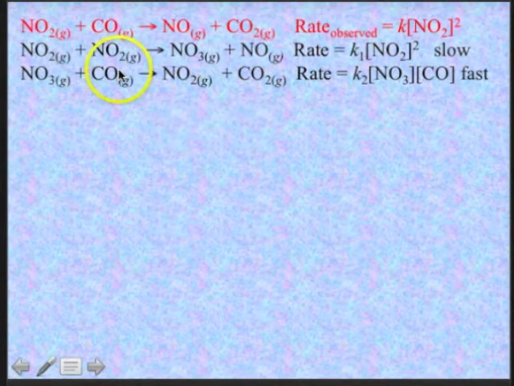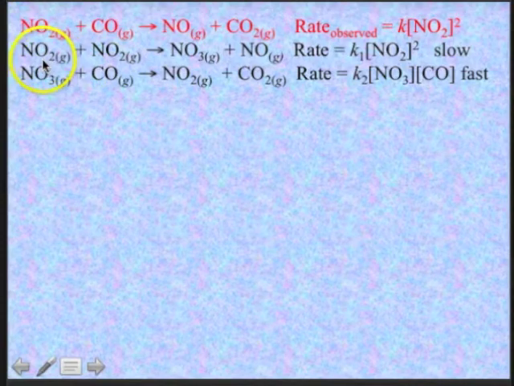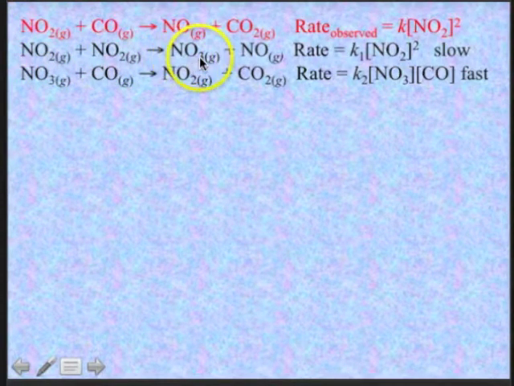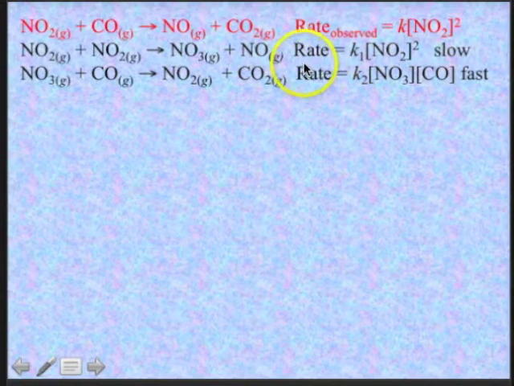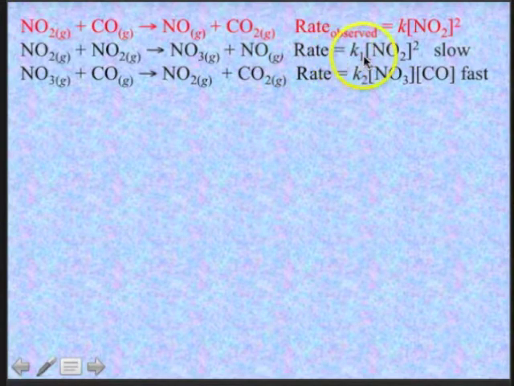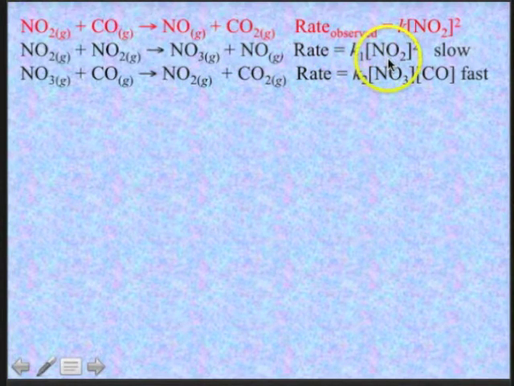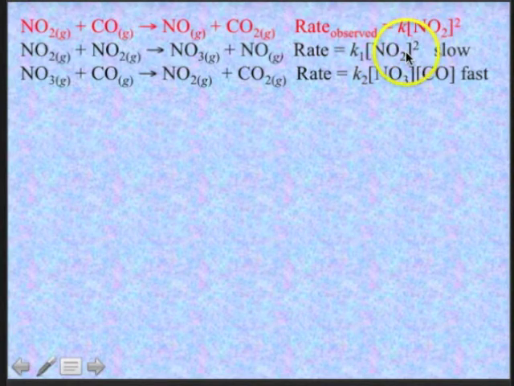So here's one example. NO2 plus NO2 yields first NO3 plus NO. And this is a slow step, and the rate equals k times the concentration of NO2 to the second power.